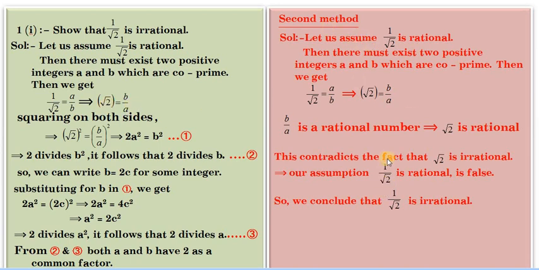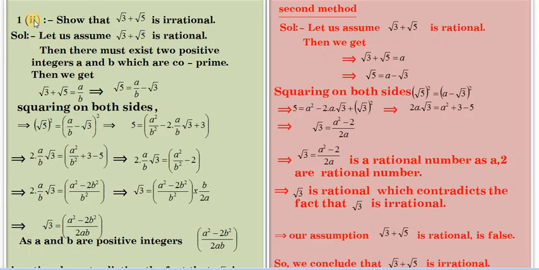Whereas in the second method, we are taking into consideration what we have proved earlier, that root 2 is irrational. That's why here some steps are reduced. Okay, so I think you have understood these two methods. In any one method you can solve it.